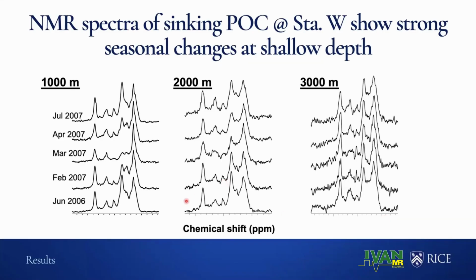But we did observe a strong seasonal change for the shallow depth at 1,000 meter. The spectrum for March 2007 is dominated by the LQ peak, which is probably driven by the increase in the lipid content. And this only showed in the 1,000 meter depth.